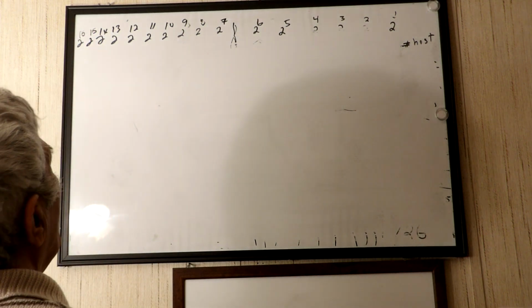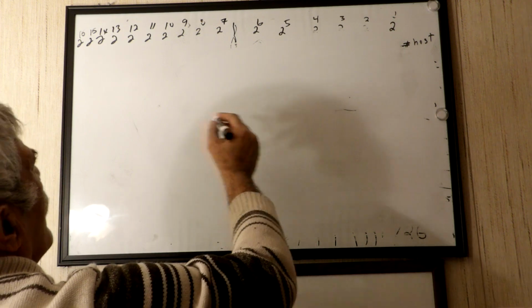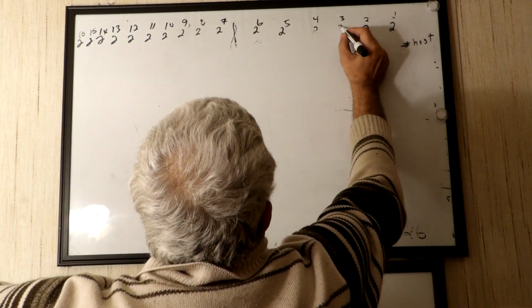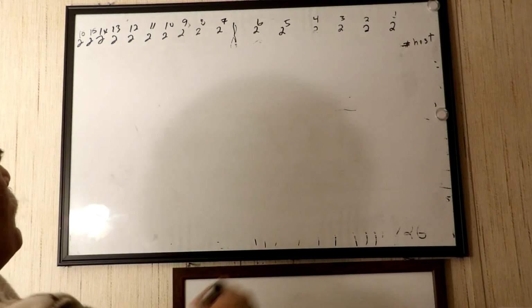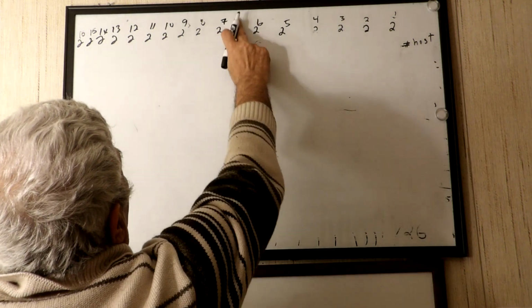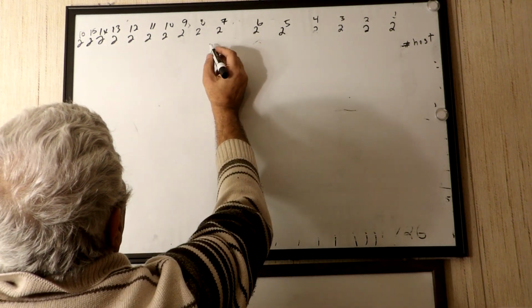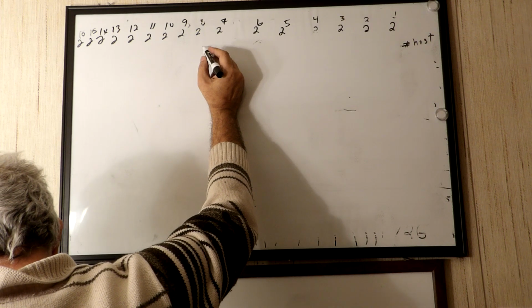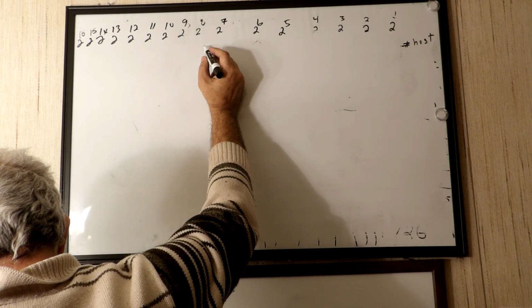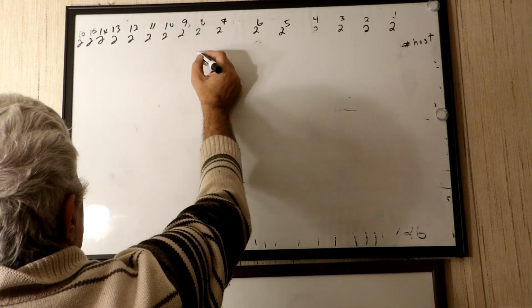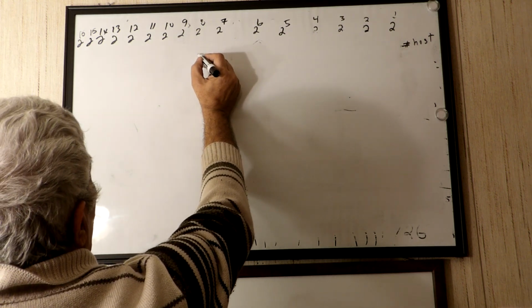See, we write the same thing here, which we talked about here. It's like up to 256, 2 to the 12.